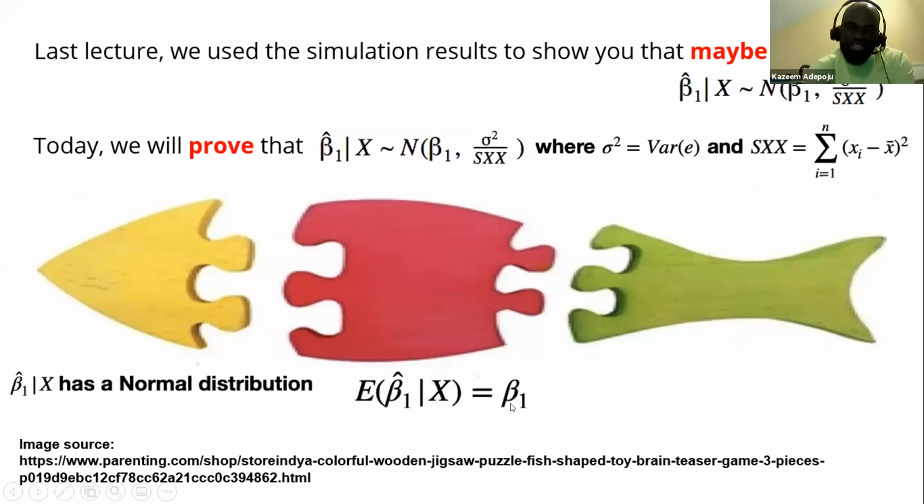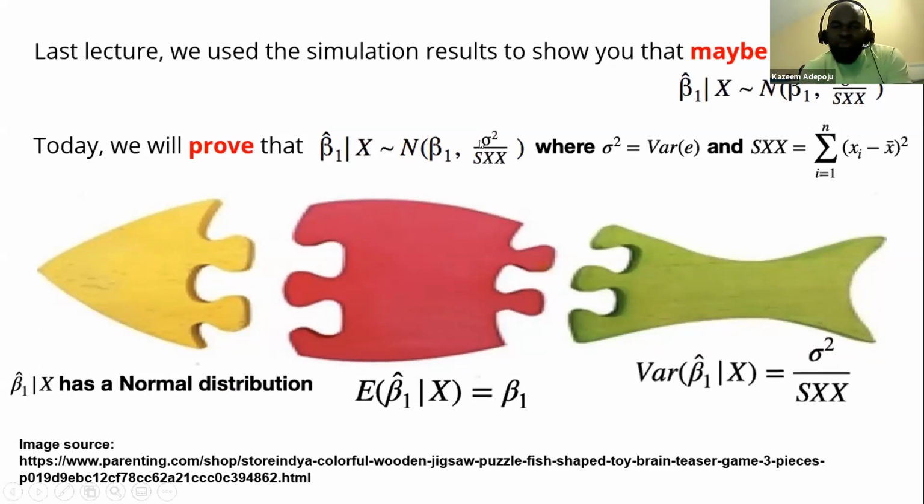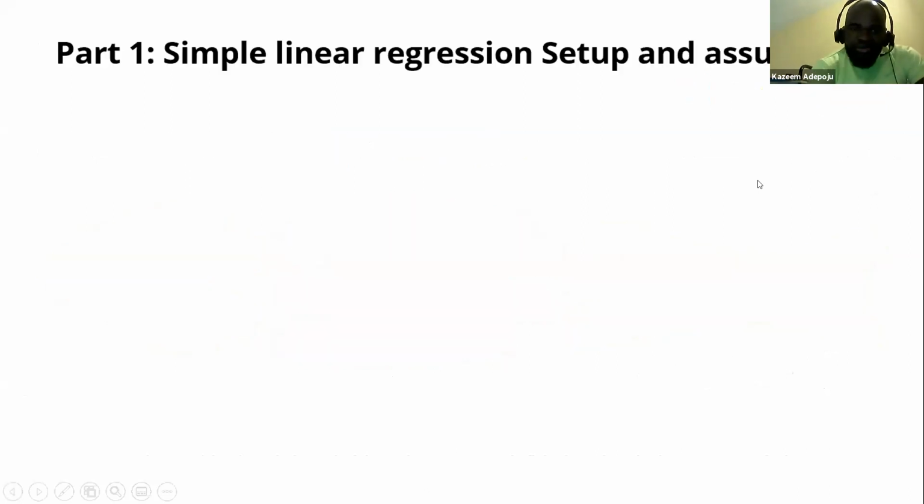And the variance of beta 1 cap given x is this. I've already shown you that sigma squared is the variance of the error term, and SSxx, this is how to figure that out. So please study the formula very well.